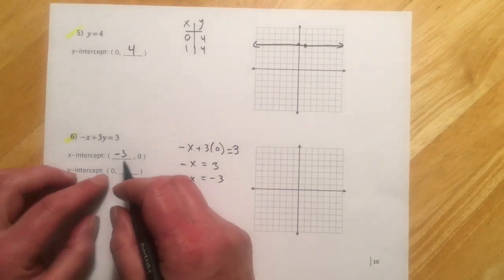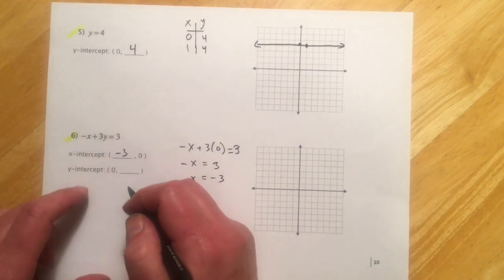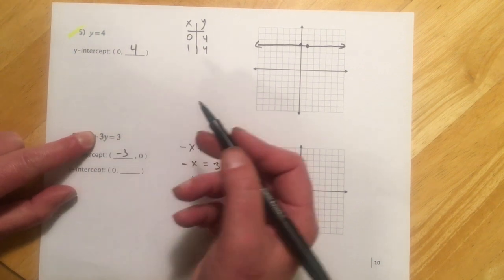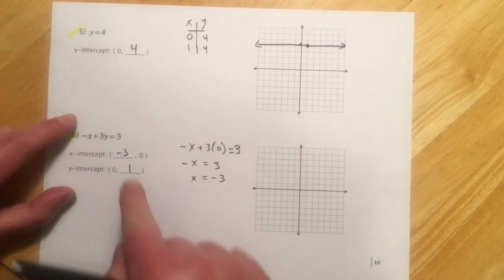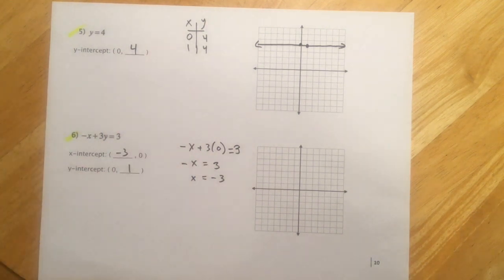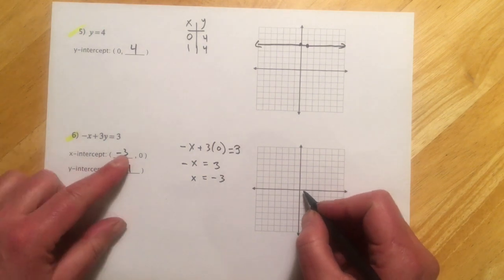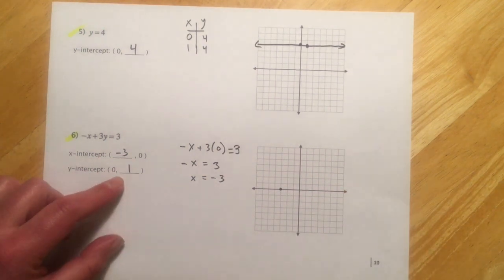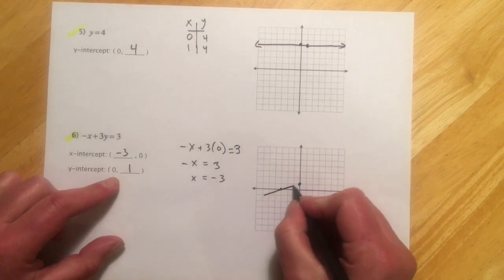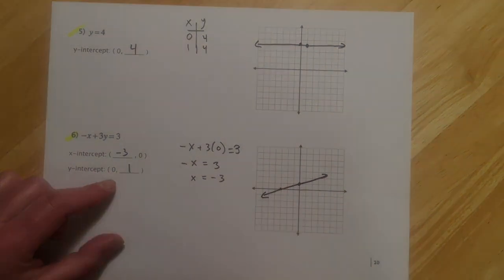And then if the y is 0, x is 0, then I'm left with 3y equals 3, and so then y equals 1. So you can see that's a pretty easy way to get that one graphed when the x and y are on the same side. So x is negative 3, y is 0, and when x is 0, y is 1. So it should be about like that.